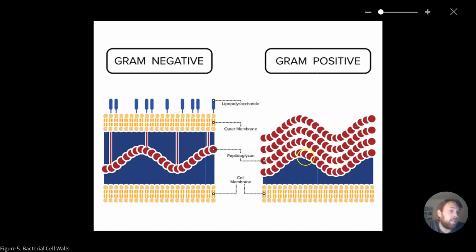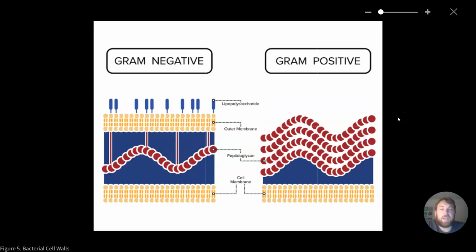Whereas gram-positive ones, these peptidoglycan layers, can actually dissolve if they're under the right conditions, like those inside your stomach, or if we increase the temperature in them, like in a fever. These lipopolysaccharides do not degrade as easily, and they can become toxic inside of our bodies. So that's something that makes the gram-negative much more dangerous to us.